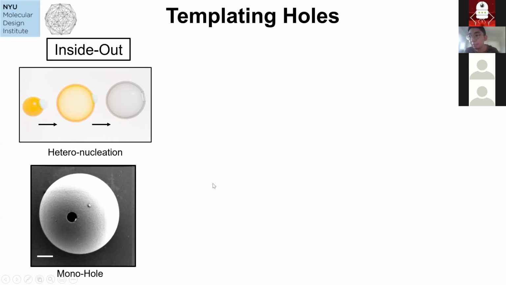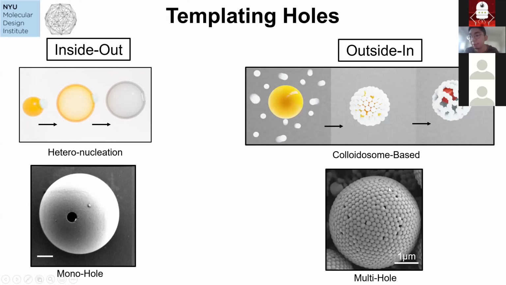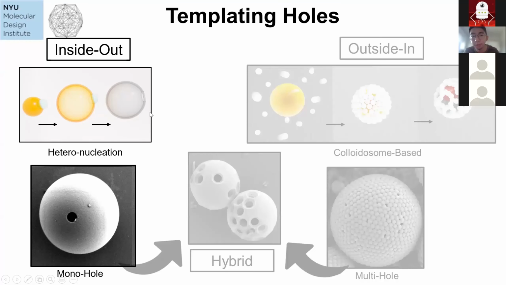Sometimes we also want to get many holes on the surface. We have studied the outside-in approach to produce colloidosomes that give you this porous membrane on top. I can even combine these two to produce the microcapsule with holes on only half of the sphere. Due to the limit of today's time, I will only introduce the inside-out approach, which gives us the monohole structure.